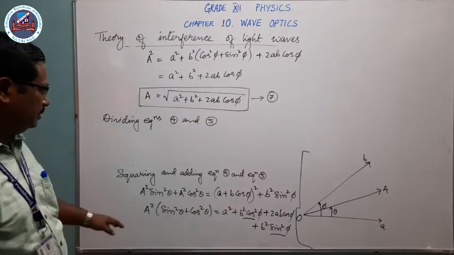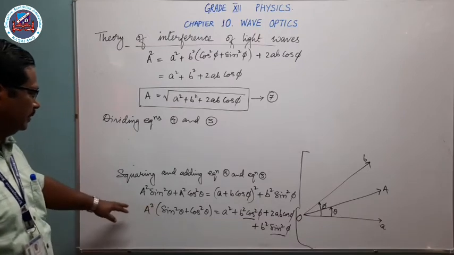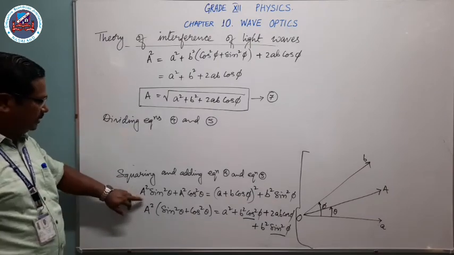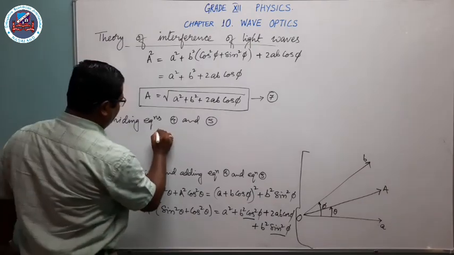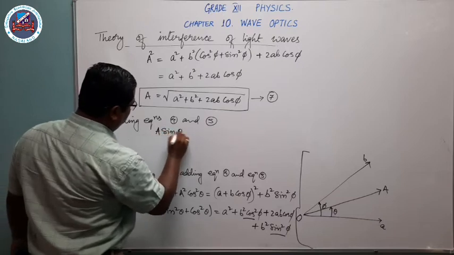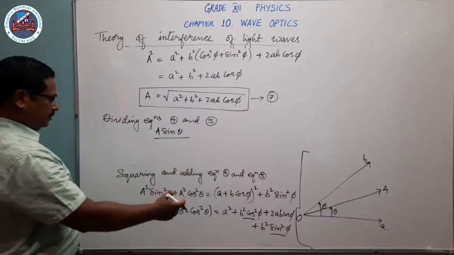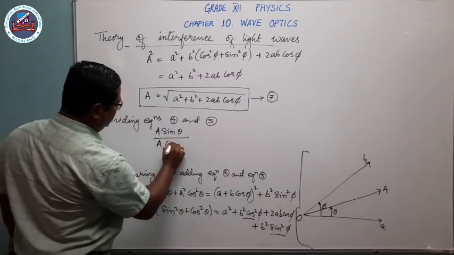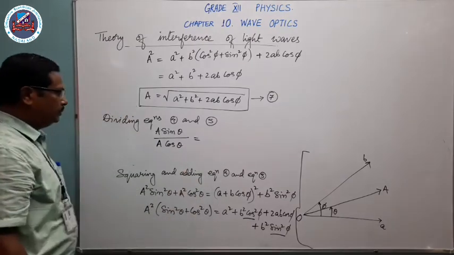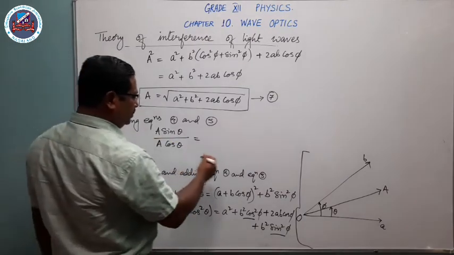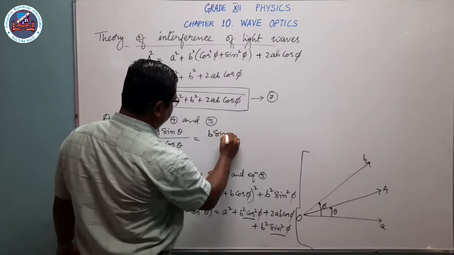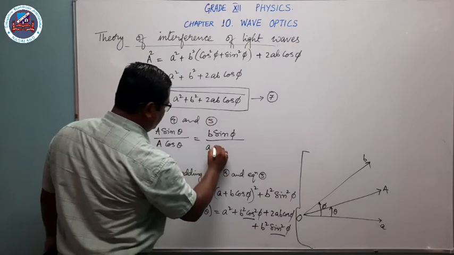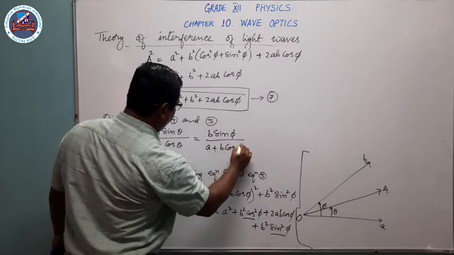If you divide them, first it was the fifth equation, a sin theta, divided by the right hand side of equation 5, a cos theta, equal to, first sine term, left hand side of equation 4, b sin phi, and left hand side of equation 5, a plus b cos phi.